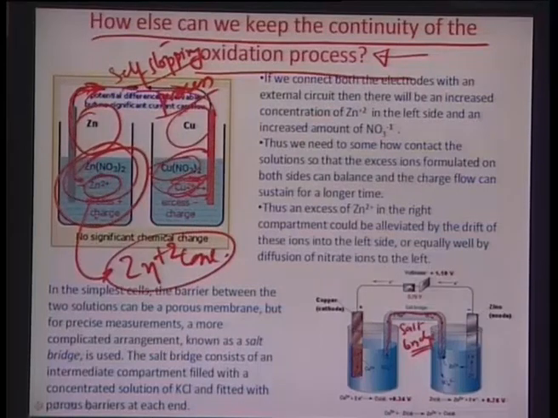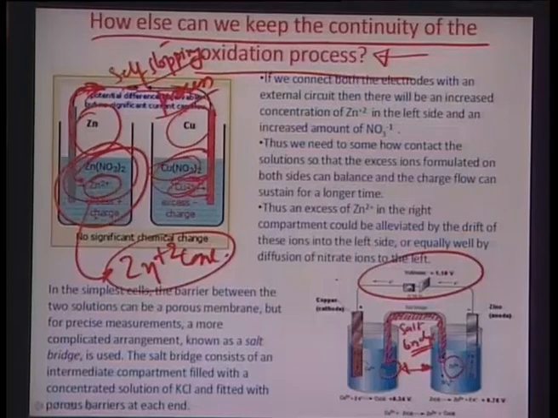Essentially, this contains two plugs at both the ends, and there is an ion exchange solvent, and there is a continuous exchange of the increased, let us say, SO4 minus 2 ion on one side in the copper sulphate solution with the increased Zn plus 2 ion on the other side with the zinc sulphate solution. And so, this creates the charge balance between the two cells or two half cells, and this process goes on for some time.